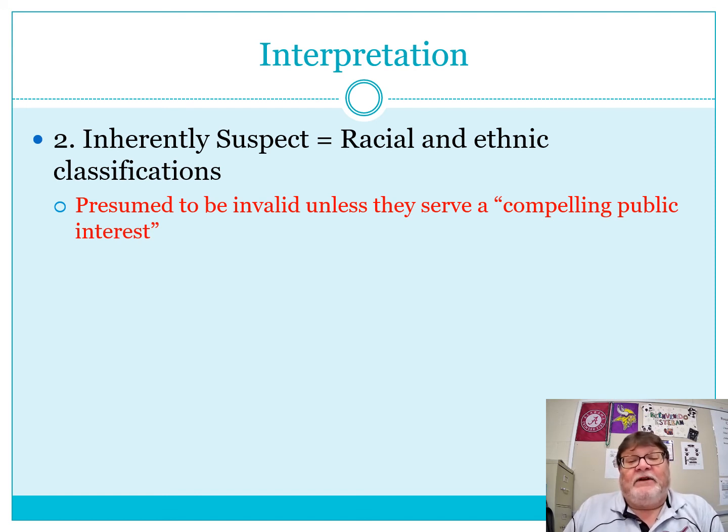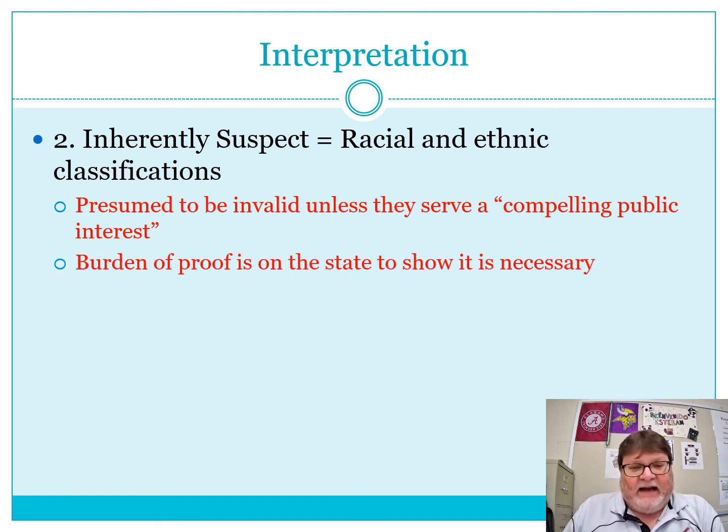And you're going to say, well, wait a minute, what do you mean racial or ethnic classifications or discrimination? Well, you'll see in a second. The burden of proof, if there is something there, it is inherently suspect, it is inherently unconstitutional, and the state's got to prove it's necessary for it to be allowed.